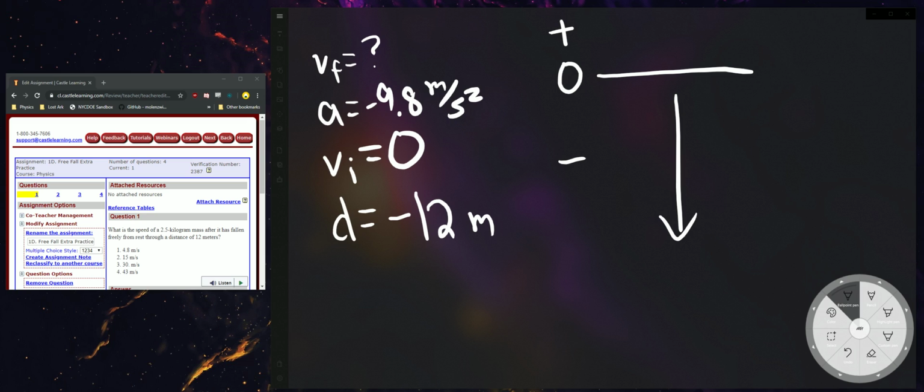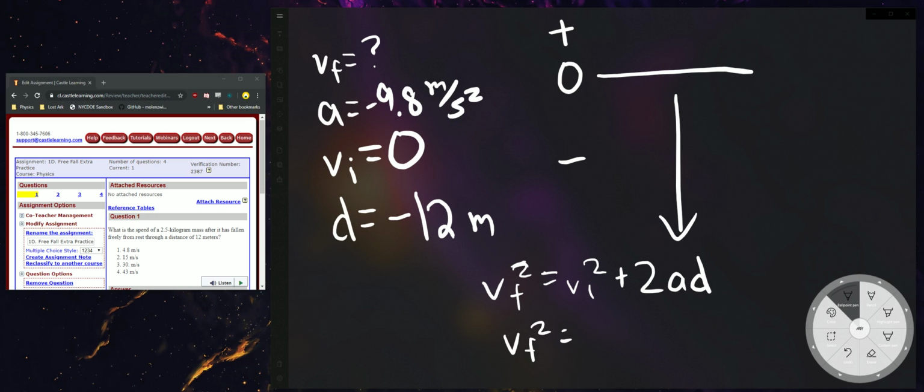So to solve for this, you're going to use vf squared equals vi squared plus 2ad. We want to know what vf squared is. So vi is 0, plus 2, negative 9.8, 12.